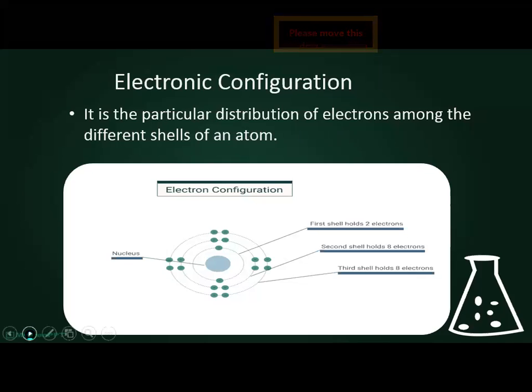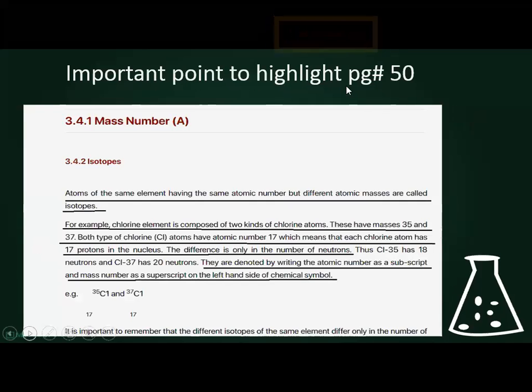Now, please open your book on page number 50 to highlight or mark the important points. Yes, Abdul Rahman, it holds 18 electrons. Good that you have remembered. Please highlight the important points on page number 50.